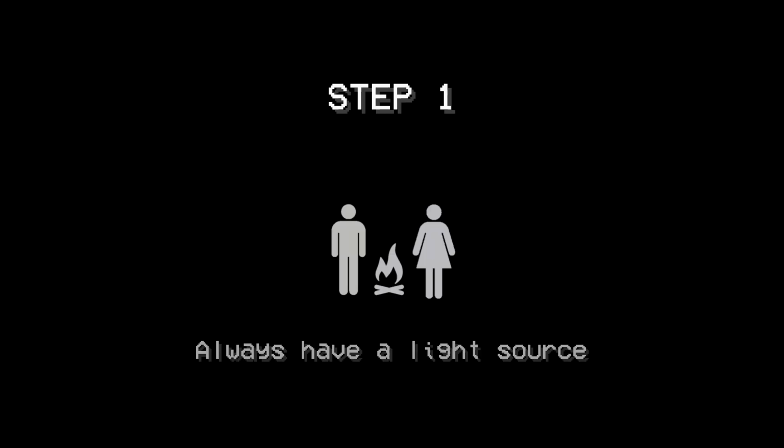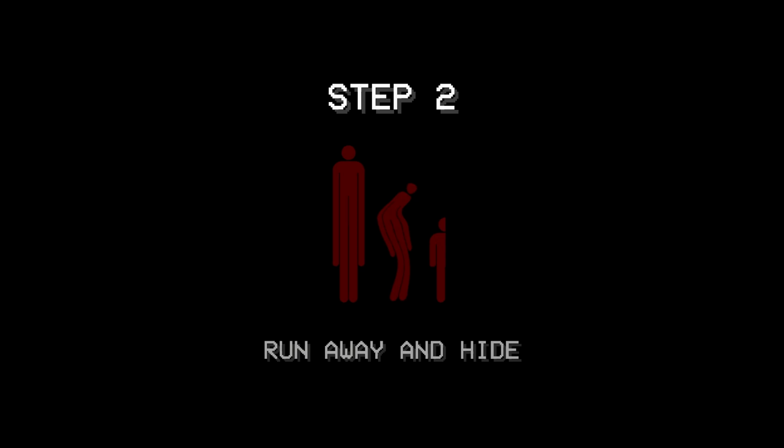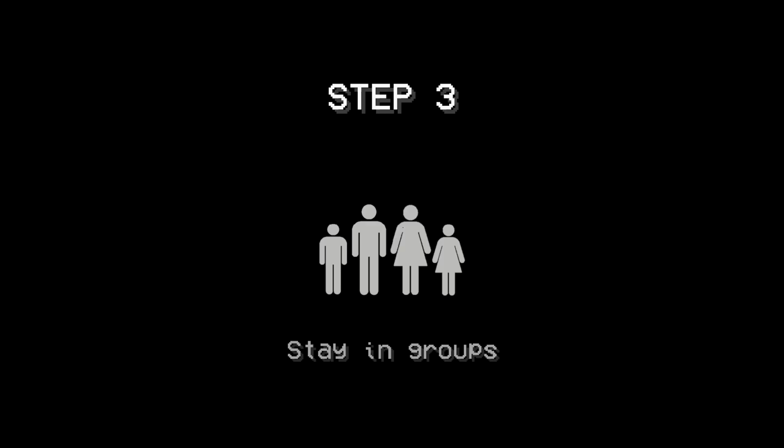This is an emergency broadcast. At this time it is advised to stay indoors. Follow and listen to these 5 steps to ensure the safety of you and your friends. Step 1. Ensure that you have a light source on at all times, but be careful. The bigger the light source, the more attention you draw. Step 2. If you see anyone with biologically impossible features, make sure to run away and hide. Step 3. Stay in groups. Do not attempt to split up.